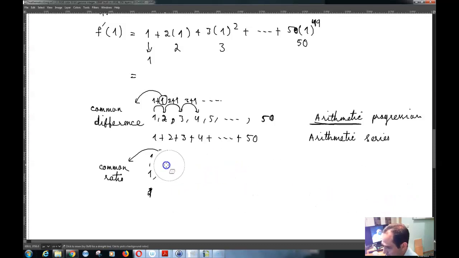About the arithmetic series, what you need to know, if you want to find the sum of these numbers pretty easily using a formula, is that there is a formula.